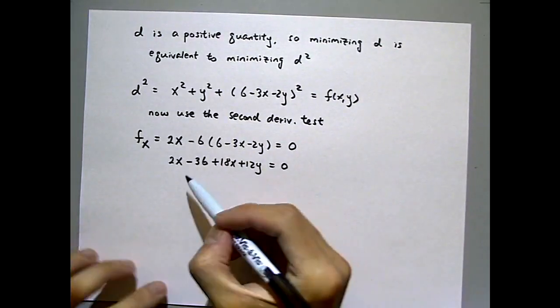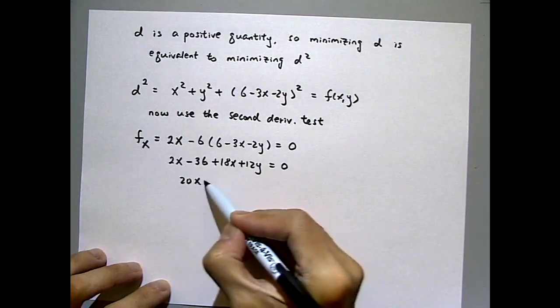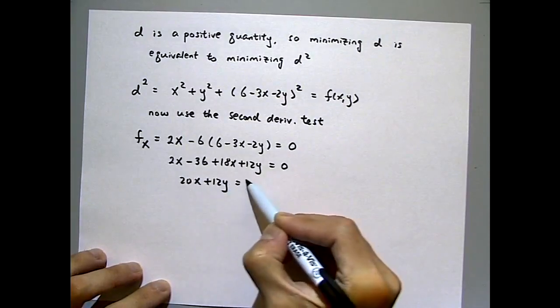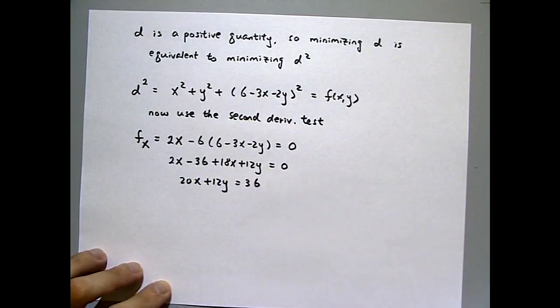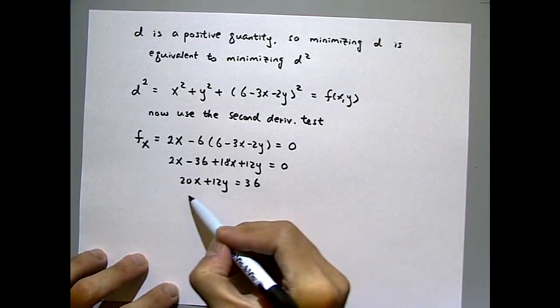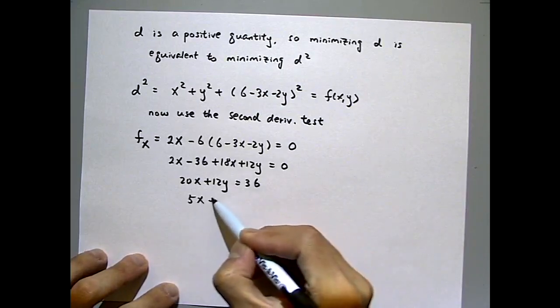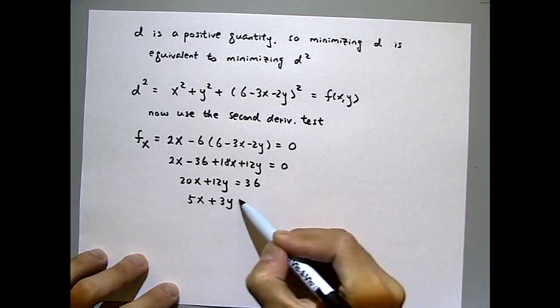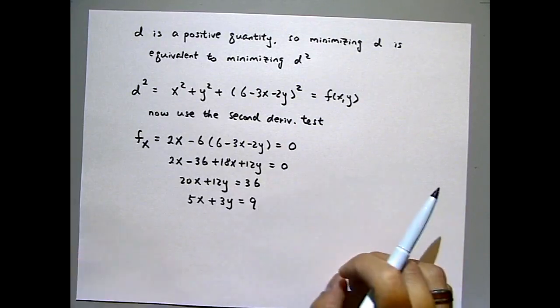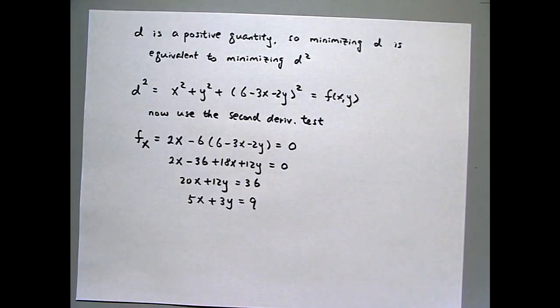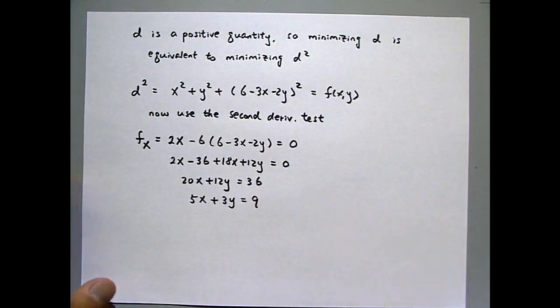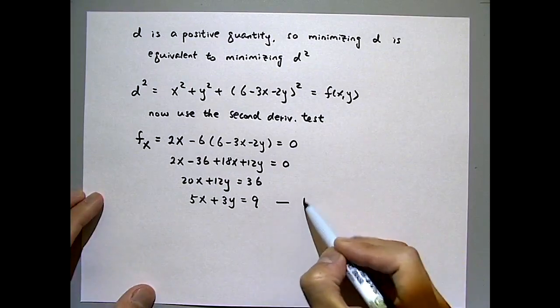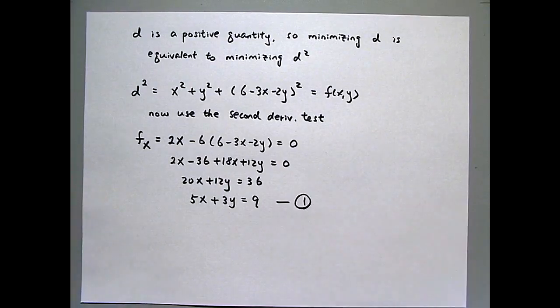We get 20x plus 12y equal to 36. Everything is reducible by 4 actually. So 5x plus 3y is equal to 9. Okay, so that's one equation we're going to have to work with. We'll call it equation 1, and we'll come back to it after we get fy, just like last time.